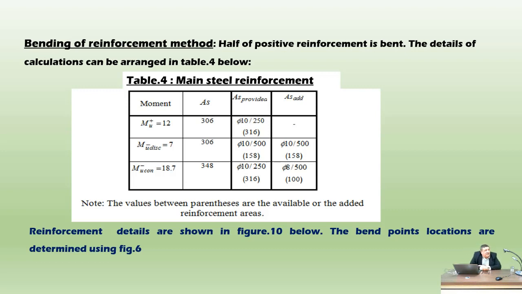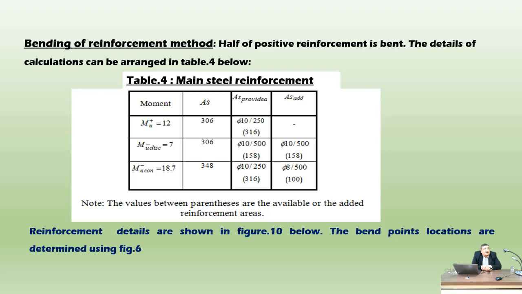For this table, first we calculate the reinforcement of the positive moment, which is 5φ10 over 250 millimeter, which provides 316 square millimeter for a strip of 1 meter width. Then half of this positive reinforcement is bent.